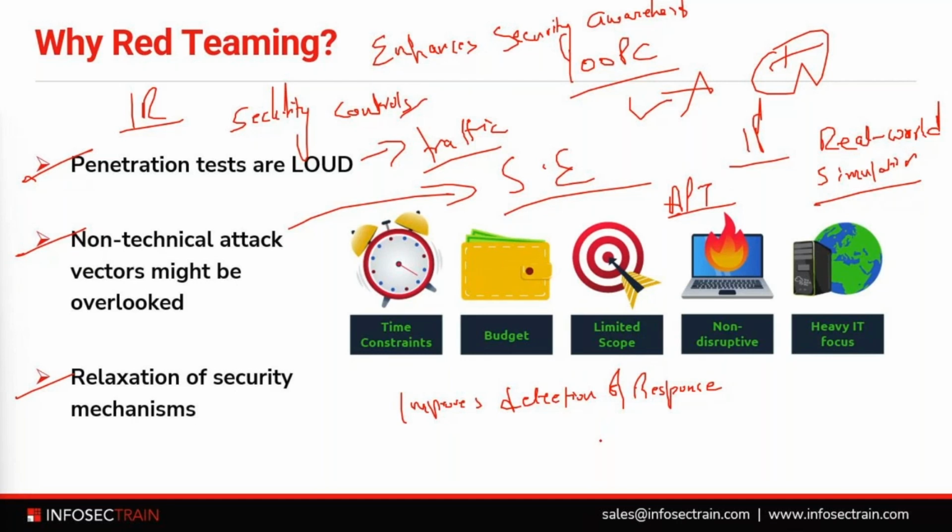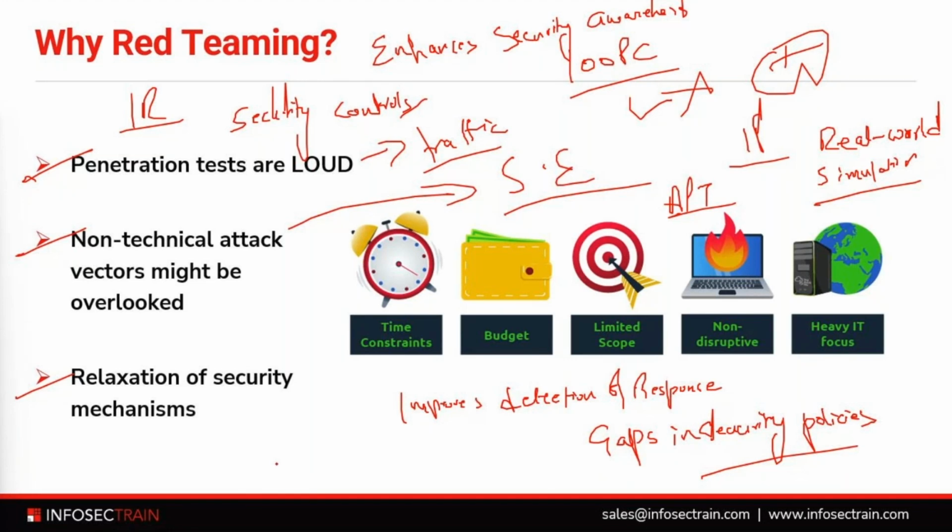Then what else does a red team assessment give you? The gaps in security policies, right? It can reveal weaknesses in security policies, like inadequate password management practices. It can help you in strengthening your cyber defense strategy.